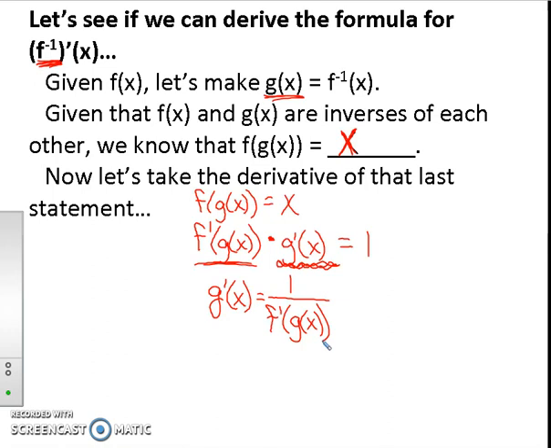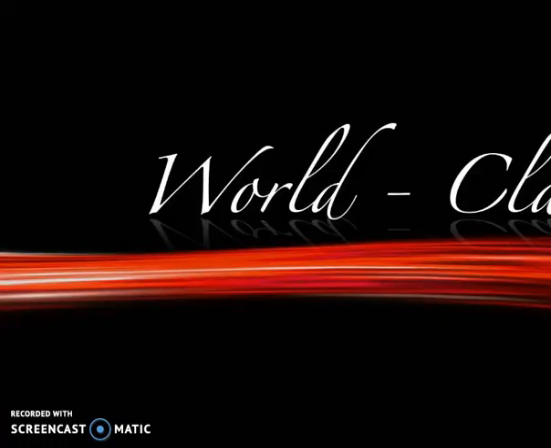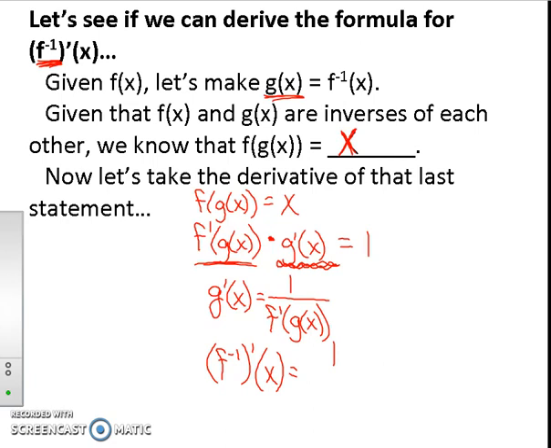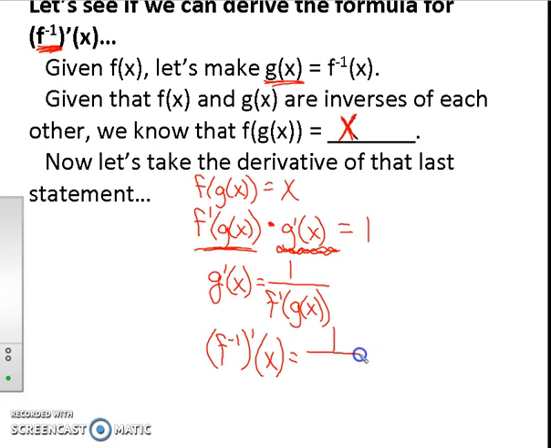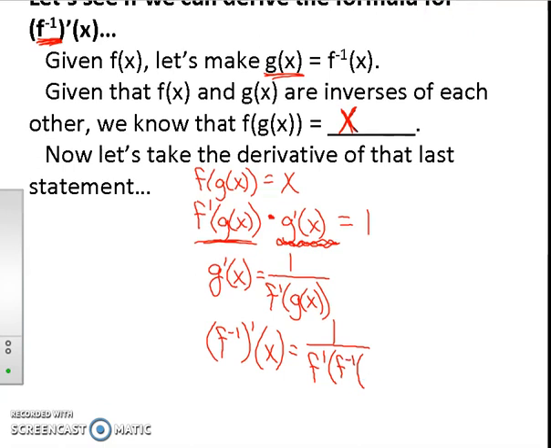Now remember, g is the same thing as saying f inverse. So f inverse prime of x is equal to 1 over f prime of f inverse of x.